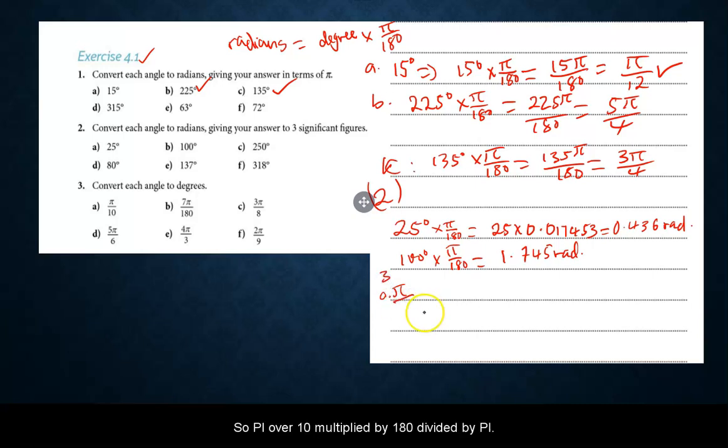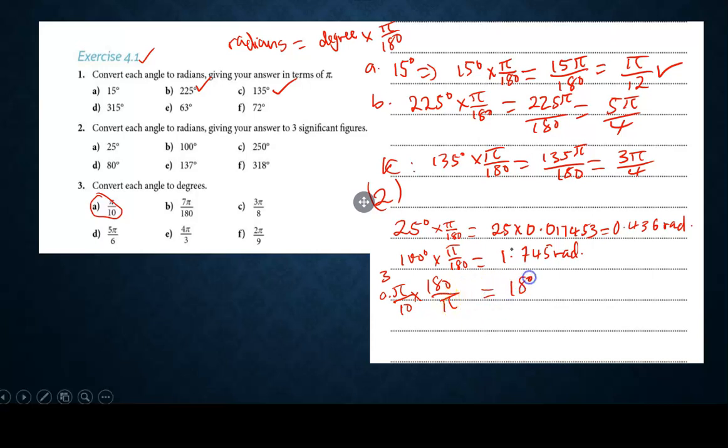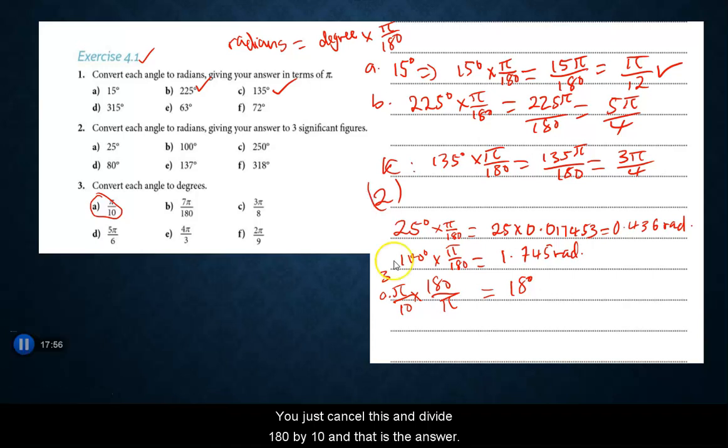So pi over 10 multiplied by 180 divided by pi. Notice what happens here. We have pi and pi, so that cancels out. So you will have 180 divided by 10, you will get 18 degrees. So that is very simple. You just cancel this and divide 180 by 10, and that is the answer.